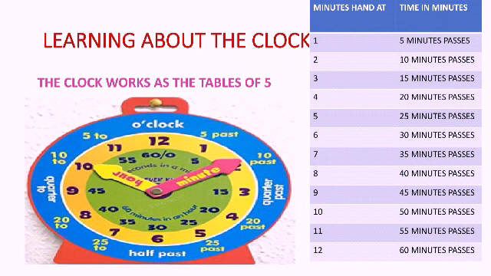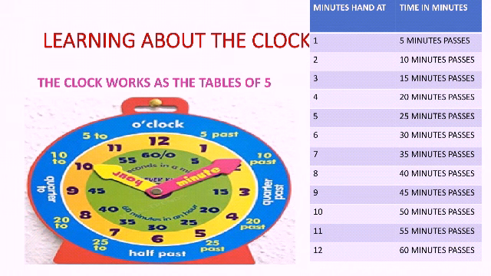When the minute hand is at 4, 5 4s are 20, 20 minutes have passed, so on and so forth. When the minute hand is at 12, 5 12s are 60, so 60 minutes have passed, and 60 minutes means how many hours? 1 hour.